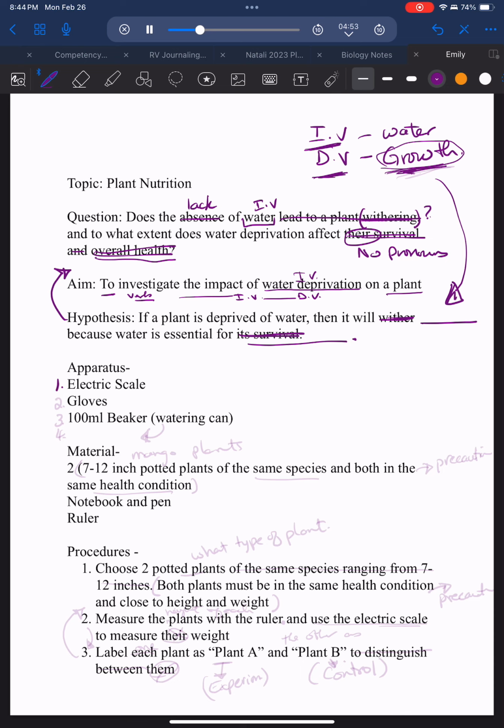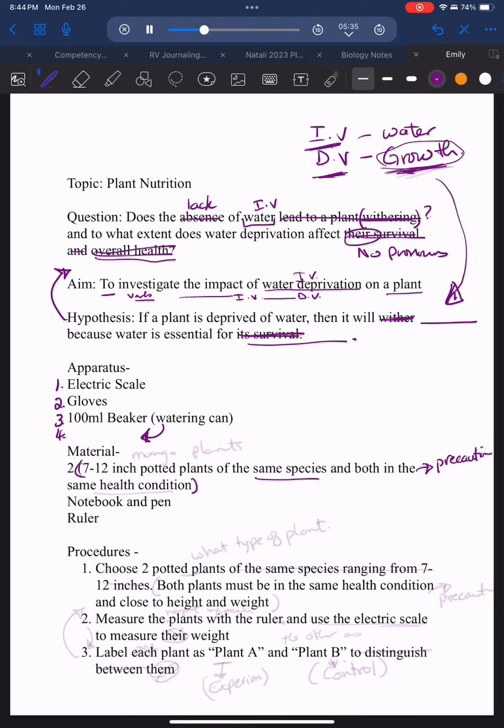We move on to apparatus. Please number them. Actually, you can put this as a separate one. Material. 2. Okay. All of this that you have in brackets, put it as your precautions, right?